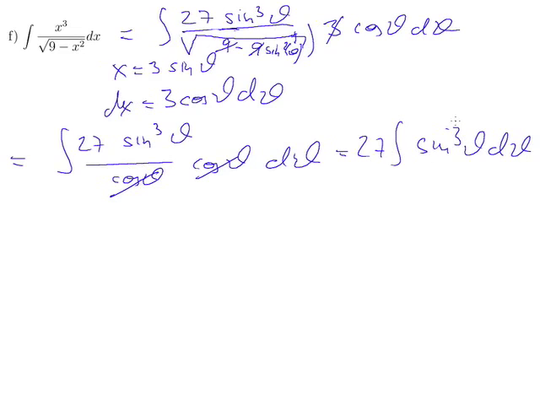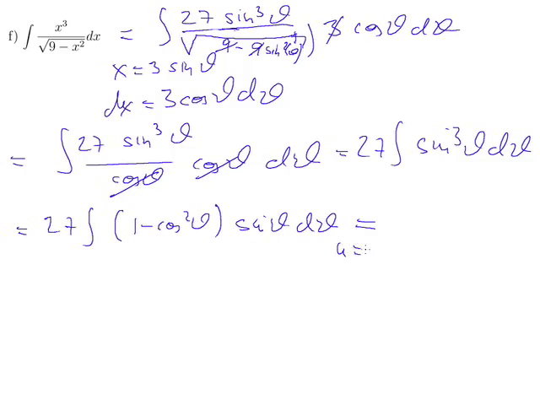How do we do this? 3 is an odd number, so we write this as 27 times the integral 1 minus cosine squared. Now we substitute cosine and we get the integral over 1 minus u squared du.